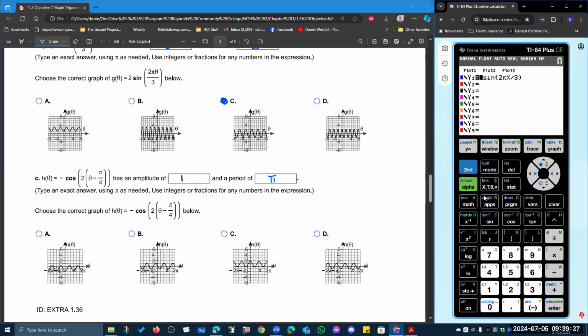And y equals negative cosine of 2 times the quantity x minus pi over 4, close parenthesis, and window is going to go from negative 2 pi to 2 pi by, that looks like pi over 4, and then negative 6 to 6 by 1s. And that looks like this one.